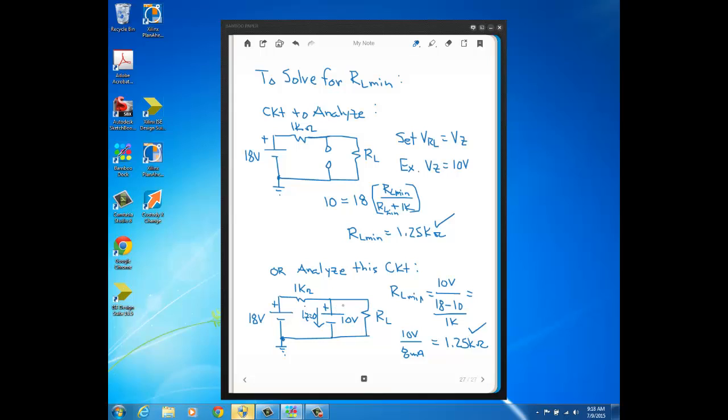The reason I don't particularly like it is that often students will make the mistake that if they show the Zener as a voltage source, they make this current something other than 0, which of course is going to throw off your calculation. So it's just personal preference which circuit to use, because they both work, but in either case you just got to be careful.